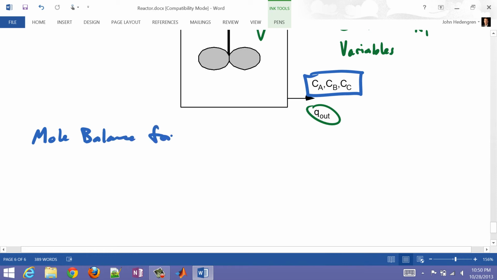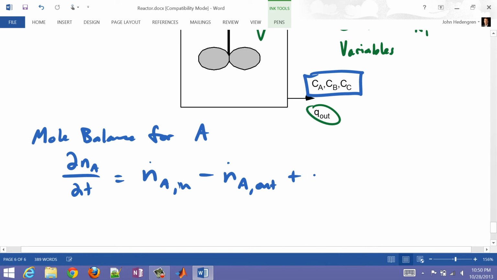Balance for A. To start off, I'm just going to write the generic mole balance, which is n dot A in minus n dot A out plus n dot A generation minus n dot A consumption. So in minus out plus generation minus consumption.